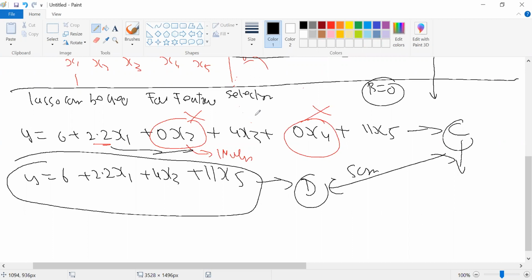Hence, Lasso can be used for feature selection, and Ridge cannot be used for feature selection. And that's it for the theory part.